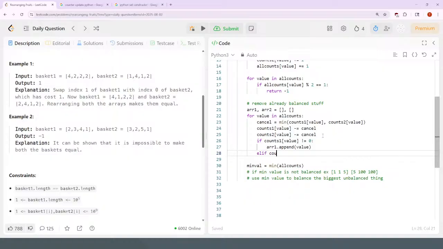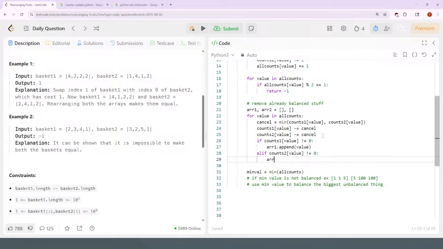Else, if counts 2 of the value doesn't equal 0, so one of them has to be equal to 0, or both of them could be equal to 0 once you've removed the stuff to cancel. Array 2 append this value. Okay, so array 1, array 2 track values still unbalanced.